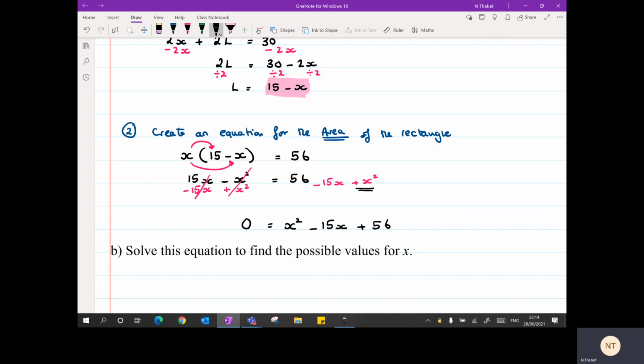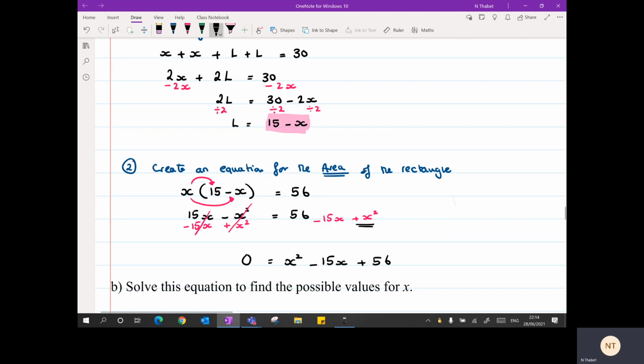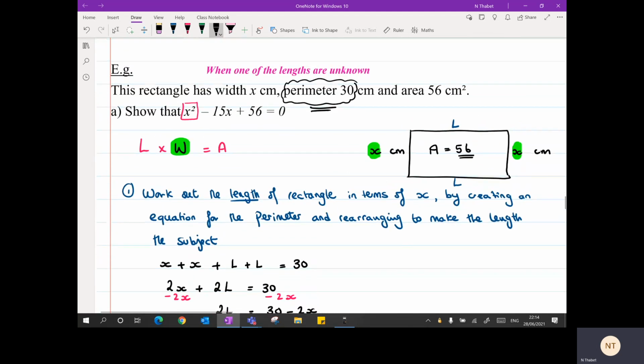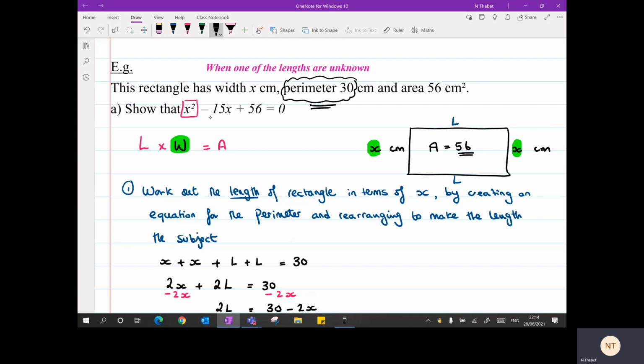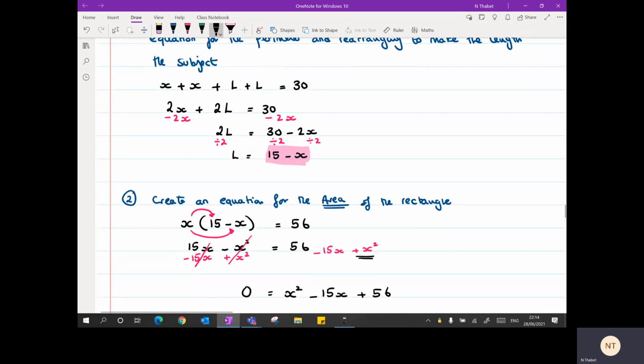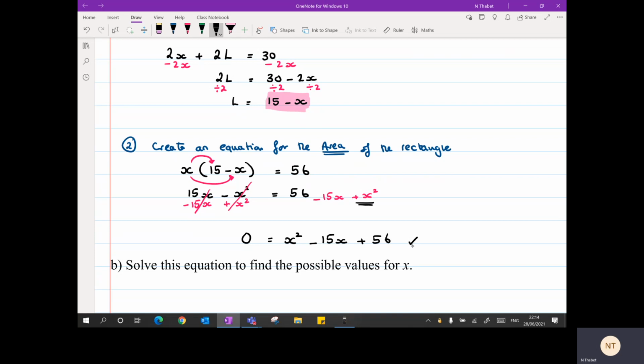And yes, it's on this side, but it's exactly the same thing, a positive x squared, a minus 15x, and a positive 56. So I have shown the equation. And then it says, solve this equation to find the possible values of x.